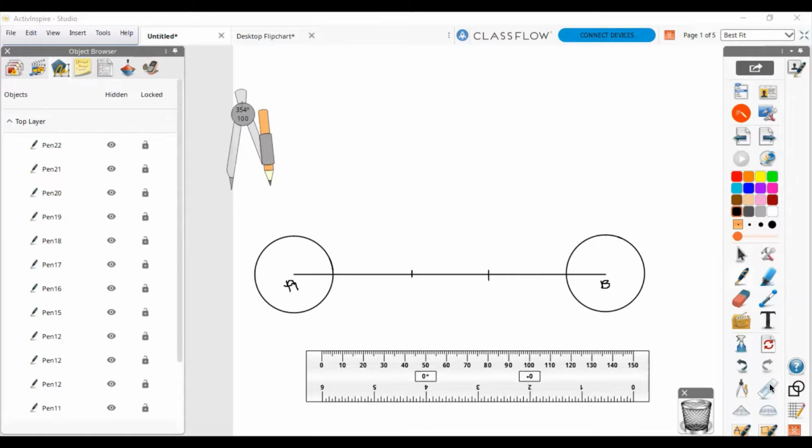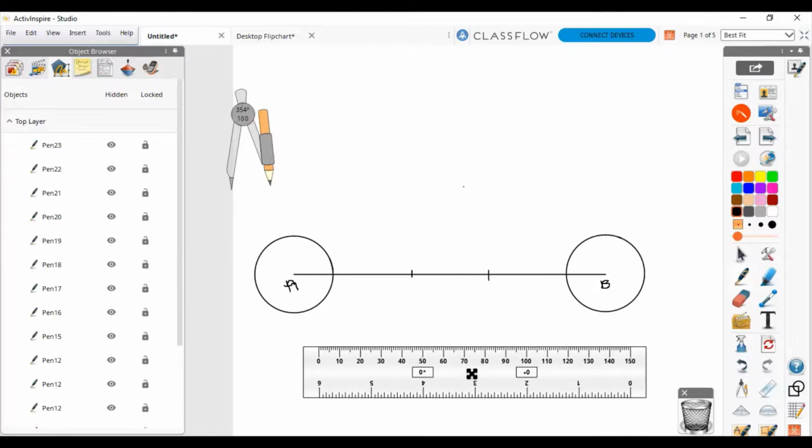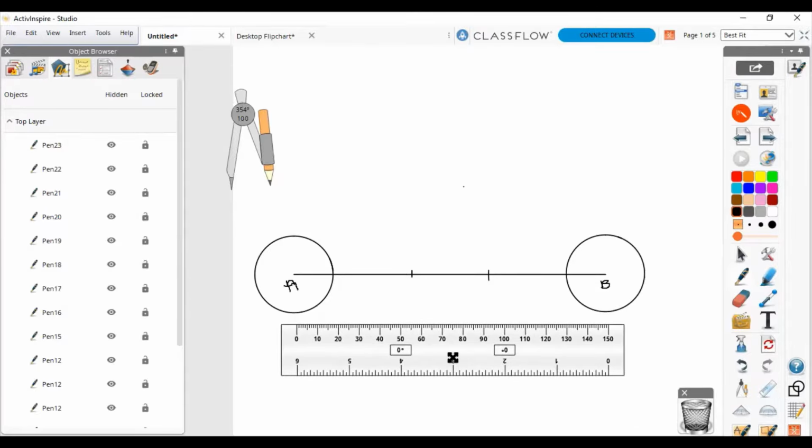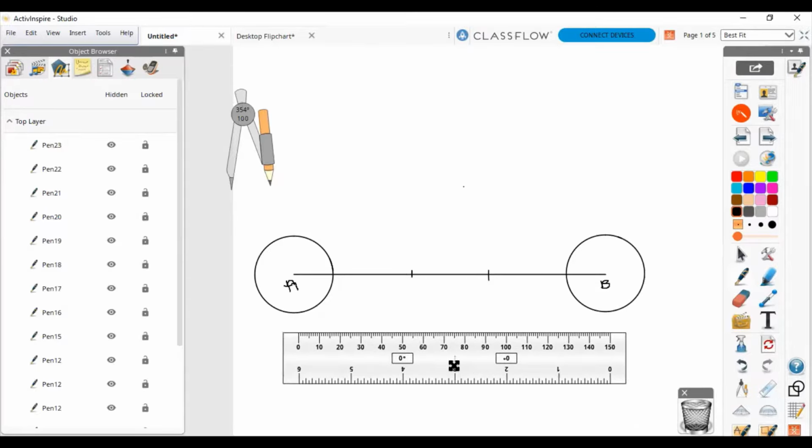Okay, so if you are doing this on your board, you will have your set square and your t-square to achieve this. But here I don't have a t-square, so I'm going to use a set square.